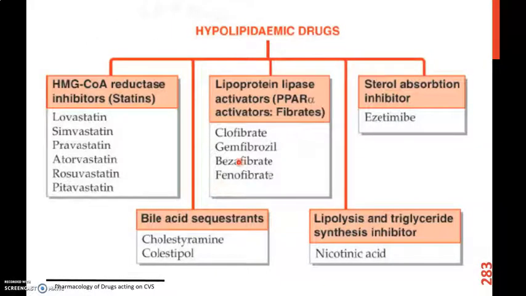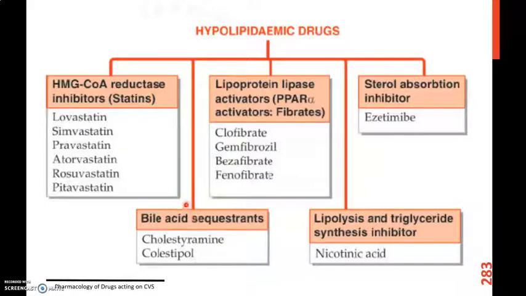Now coming to the classification of hypolipidemic drugs, it is mainly classified into HMG-CoA reductase inhibitors like lovastatin, simvastatin, pravastatin, atorvastatin, rosuvastatin and pitavastatin.